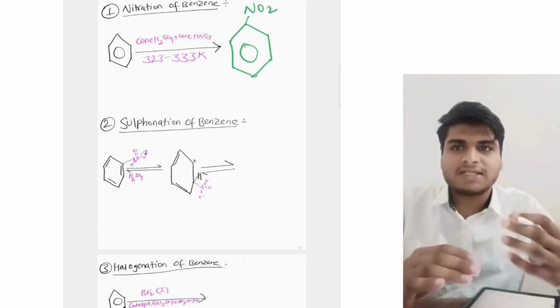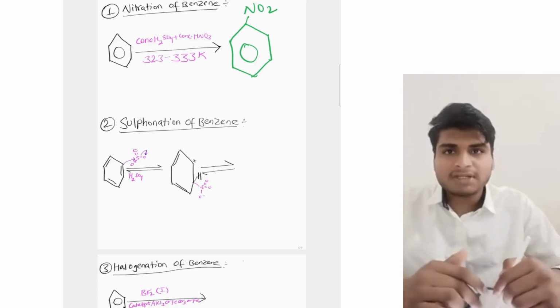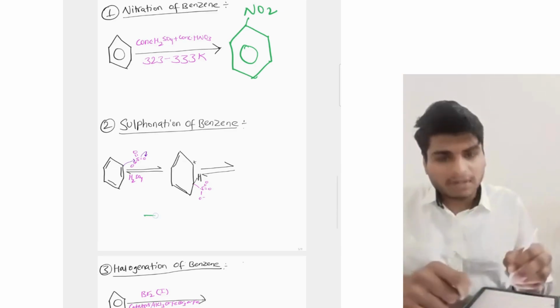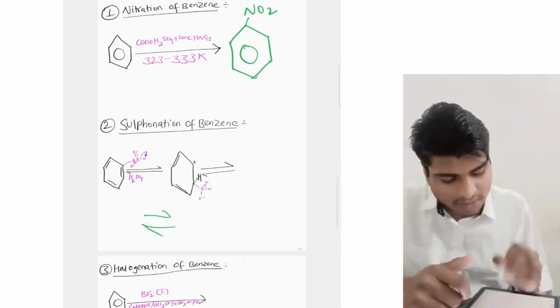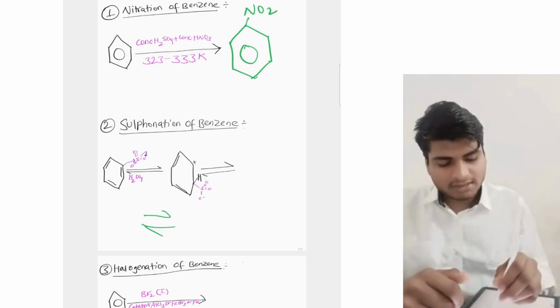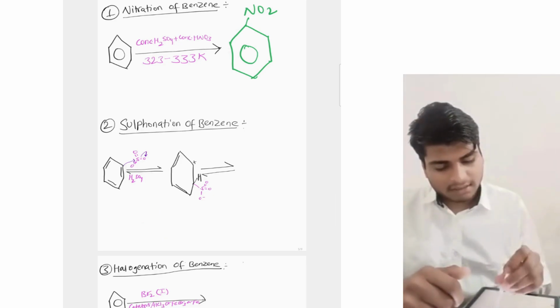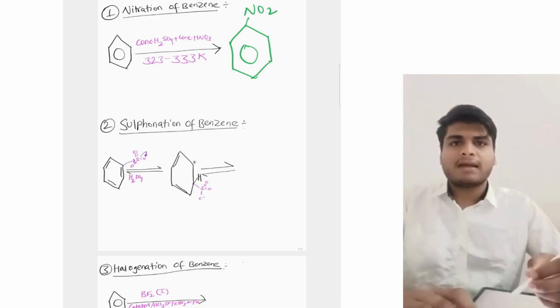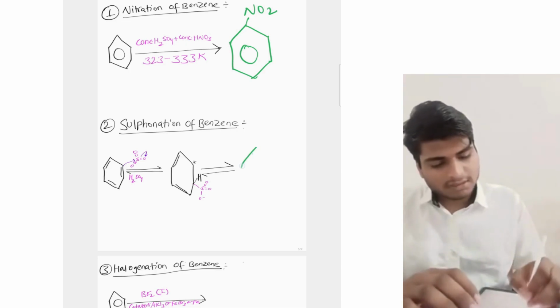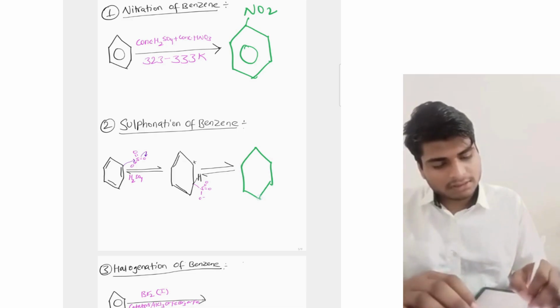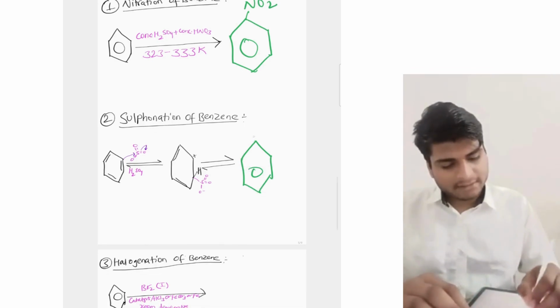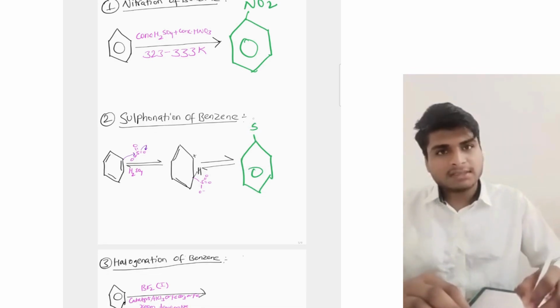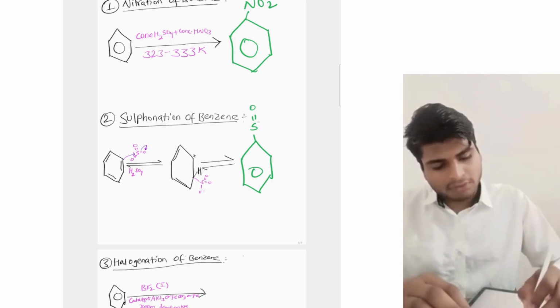benzene sulfonic acid. This reaction is irreversible in nature. Irreversible is represented by these symbols. Here, what is formed is this, double bond O, OH.